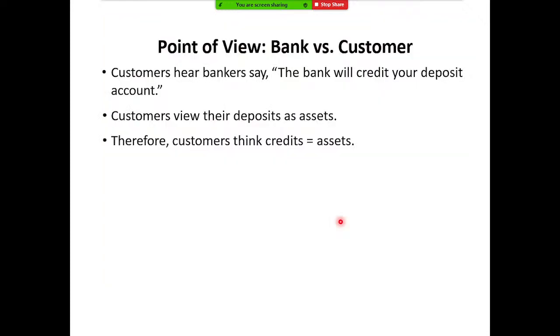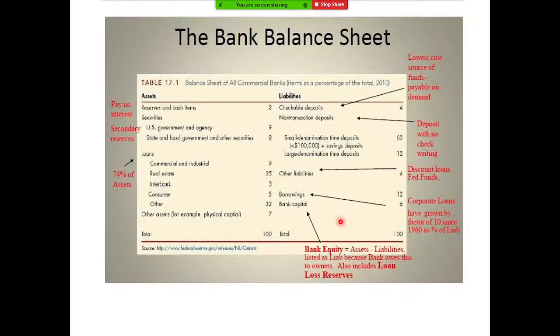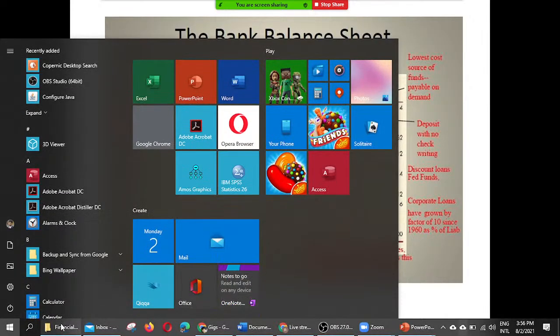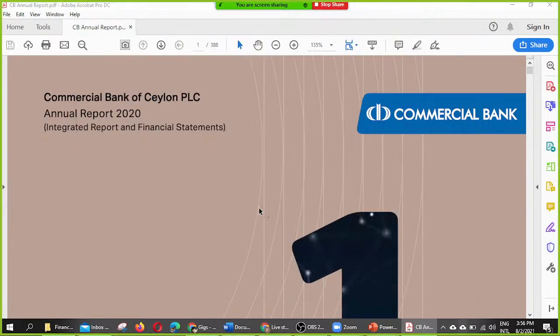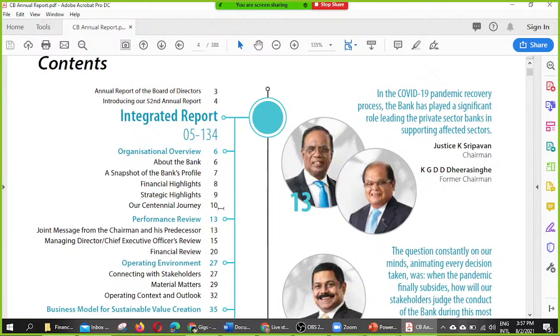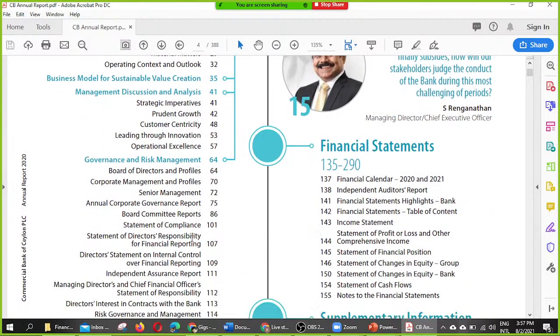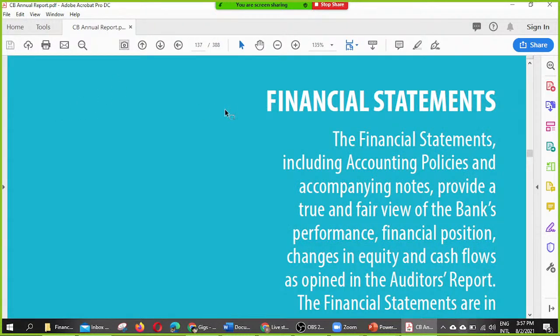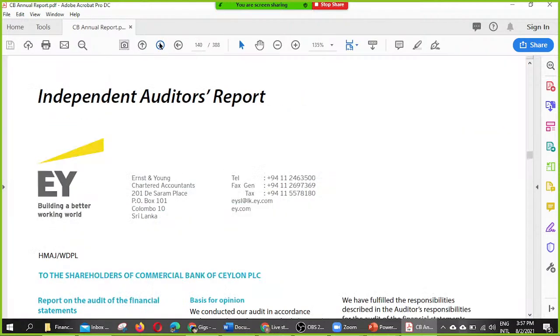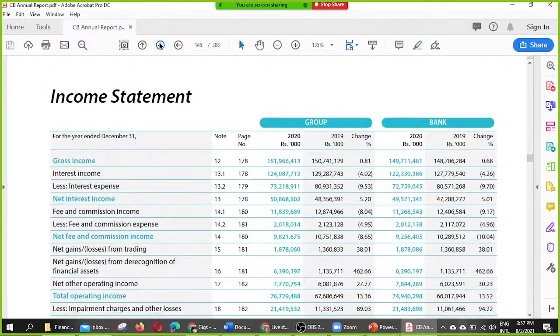I can show you a typical annual report. Here I am showing you the annual report of Commercial Bank PLC 2020, and here you can find the financial statements.